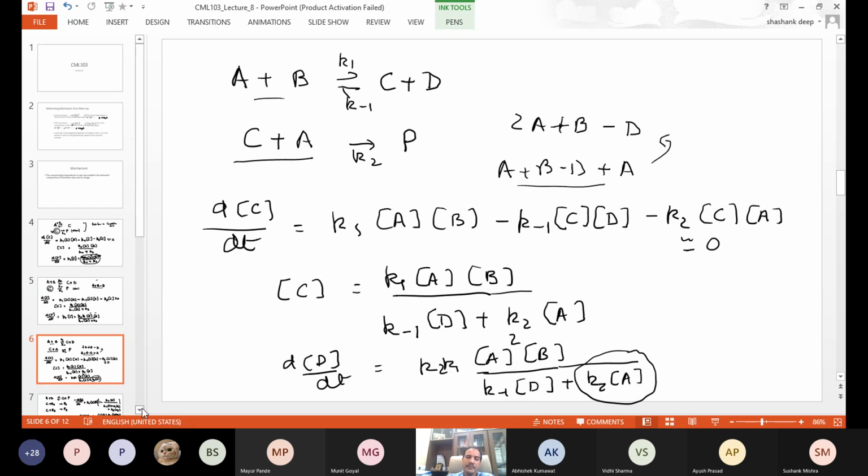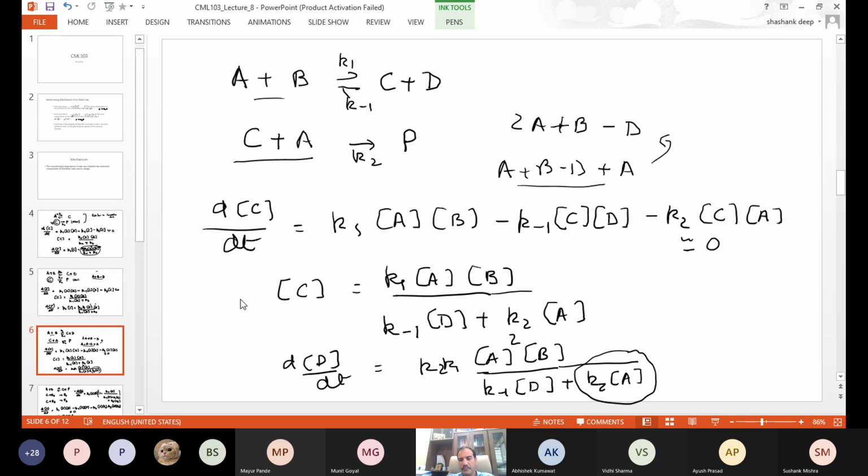Sir, but if A is reacting, then A should be in the numerator, no? Why below? No, you see, again, I am not talking about A reacting with B. What we are going to get is the composition. I just told you what the composition is.